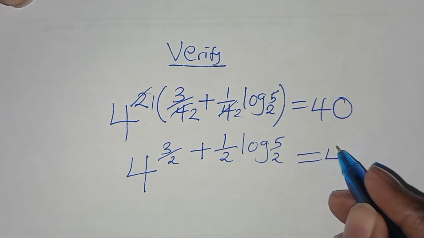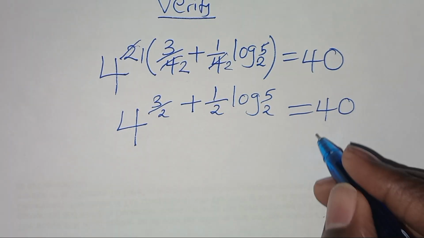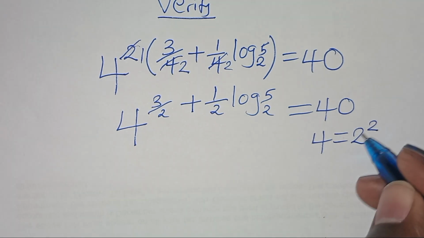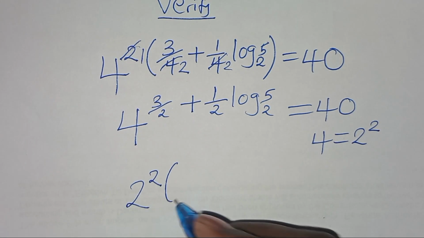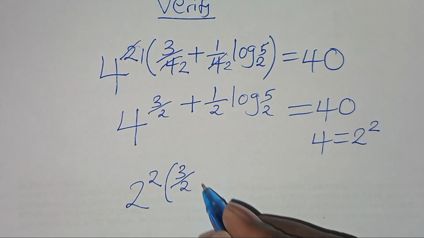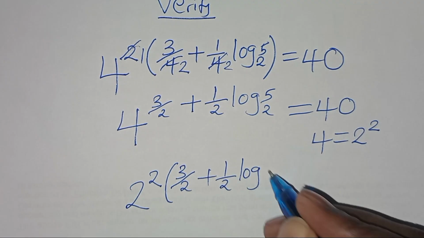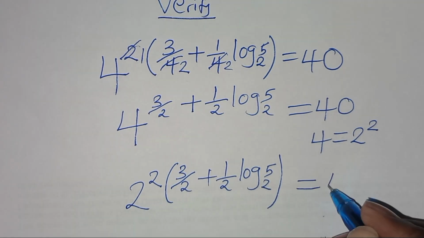This is equal to 40. Now we can express 4 as 2 to the power 2. Let's substitute this. So here we'll have 2 to the power 2 into the parentheses 3 over 2 plus half log 5 to base 2. This should give us a value of 40.